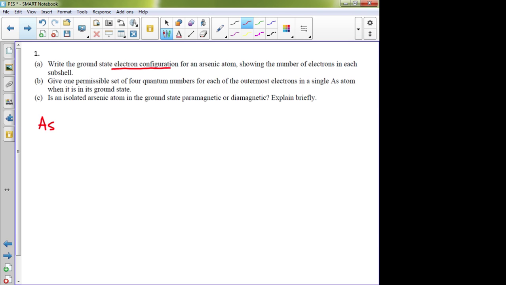So I look at that and I know I should end with 4p3, right? So now I can just go through and fill it in. What comes first? 1s2, then 2s2, 2p6, 3s2, 3p6, 4s2, 3d10, 4p3. Excellent.